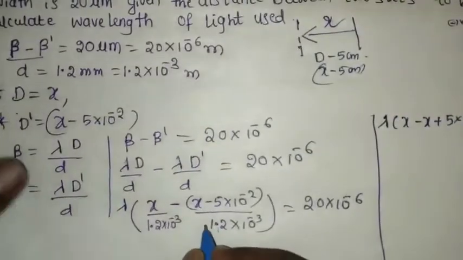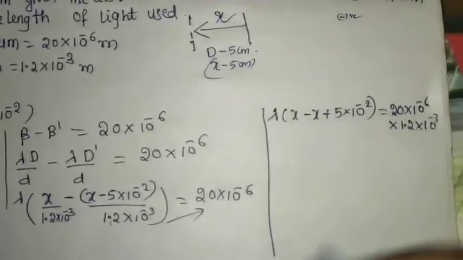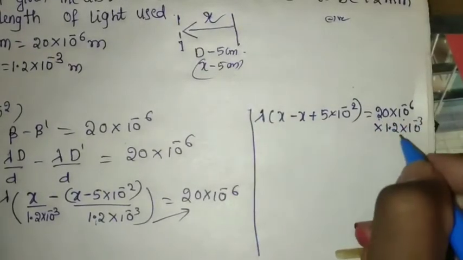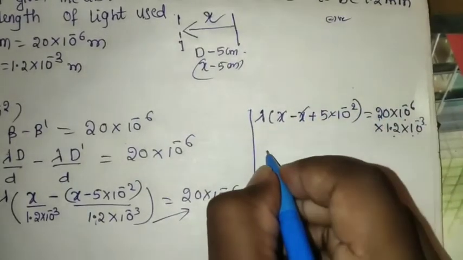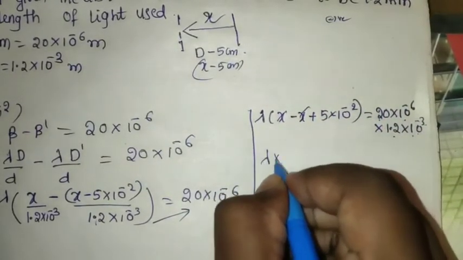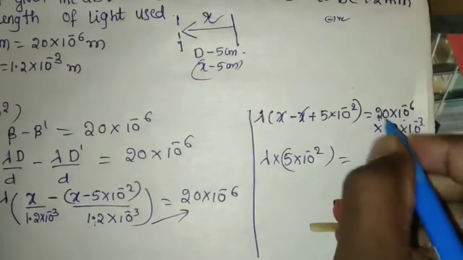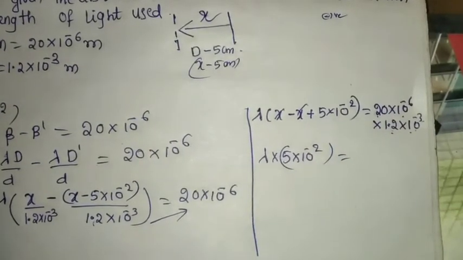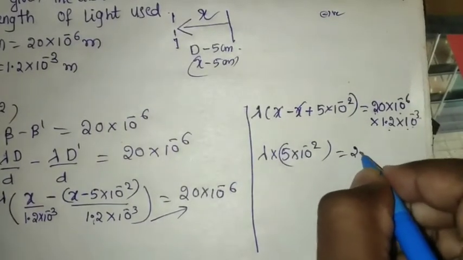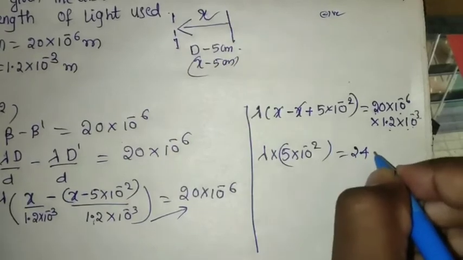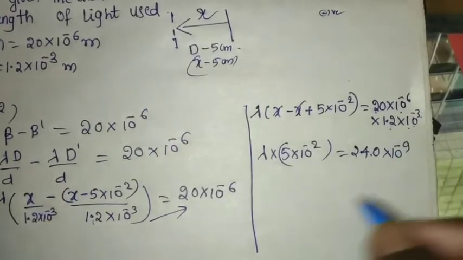After cross multiplying, it becomes 20 into 10 to the power minus 6 into 1.2 into 10 to the power minus 3; x minus x cancels out. Remaining is lambda into 5 into 10 to the power minus 2 equals 20 into 1.2, 20 twos are 40, 12 twos are 24, that is 2.4 into 10 to the power minus 9.